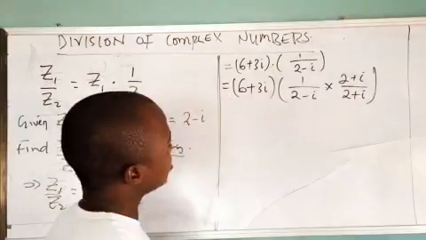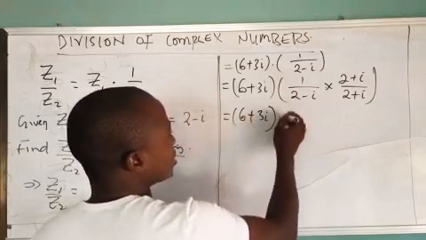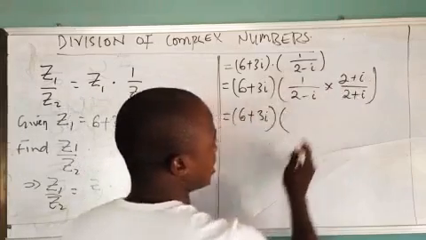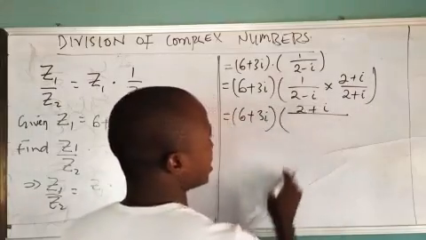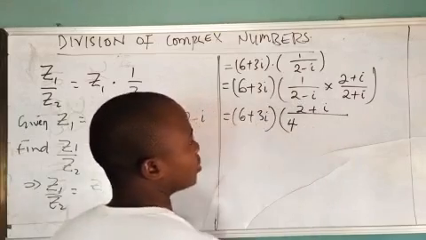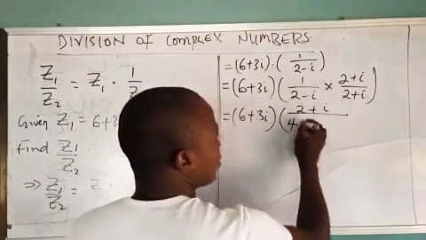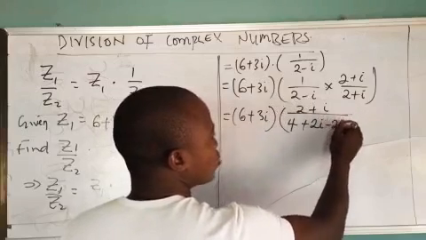Are you following? So now we have 6 plus 3i. Multiply the denominators: 2 times 2 gives you 2 squared, that is 4. 2 times i gives us 2i. Then minus i times 2 gives minus 2i.